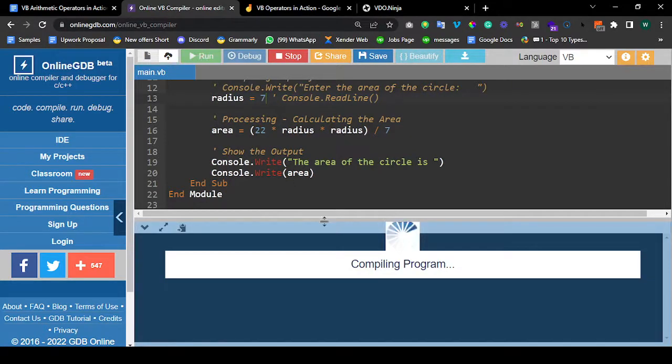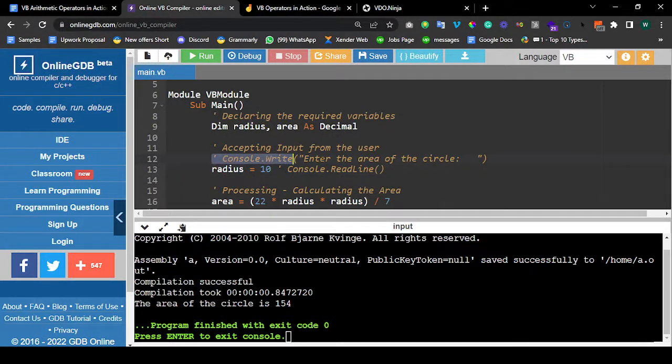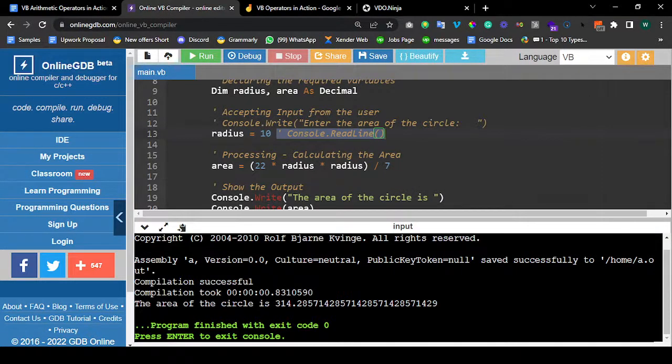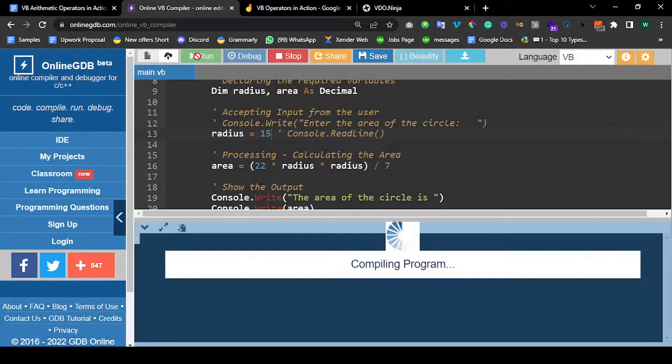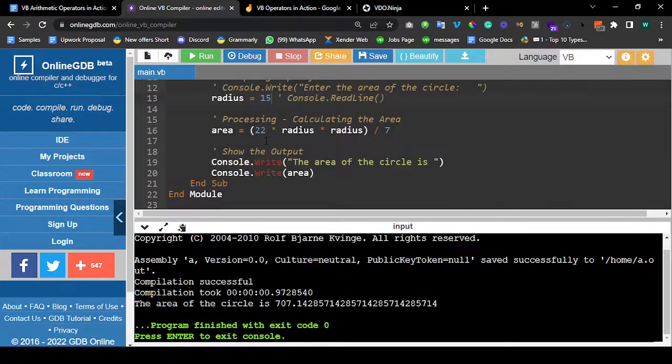You see the area is 154, and if I put 10, basically I'm not accepting anything from the user anymore, because I've commented it out. You see 314.28, then 15. As you run it, it works just fine.